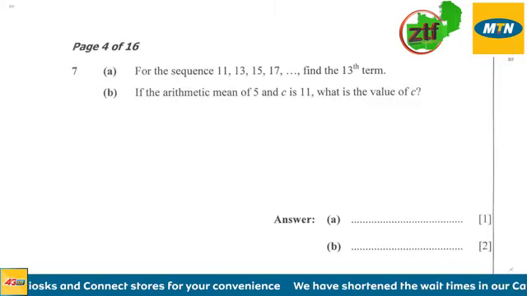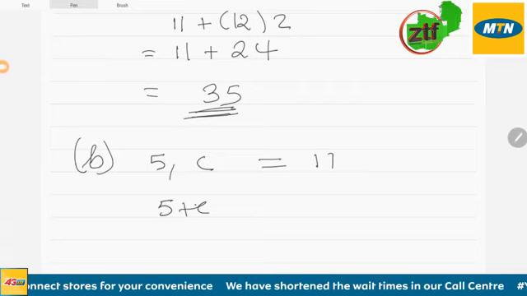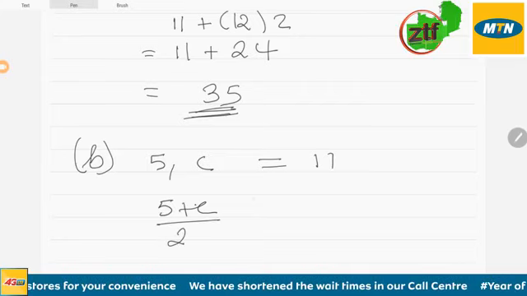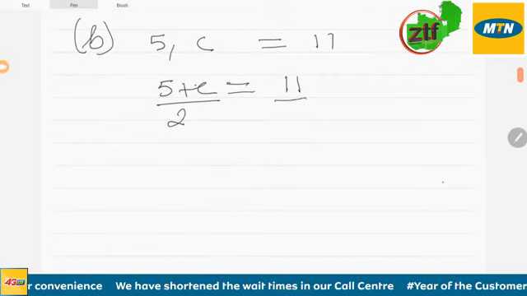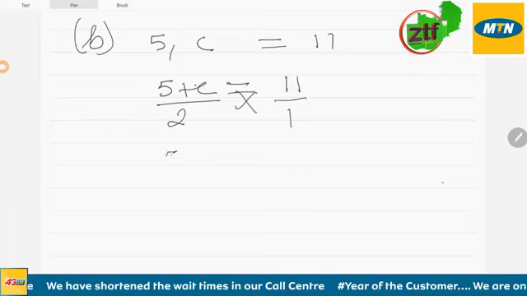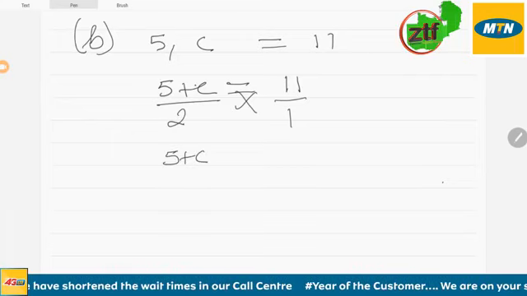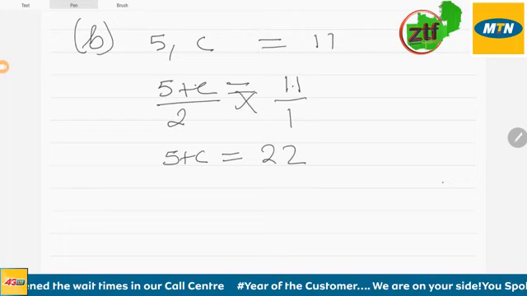To calculate the arithmetic mean is to simply say 5 plus C, we divide by 2 and then equate it to 11. And if we cross multiply, we are going to have 5 plus C equals 22. Because 11 times 2 gives us what? 22.